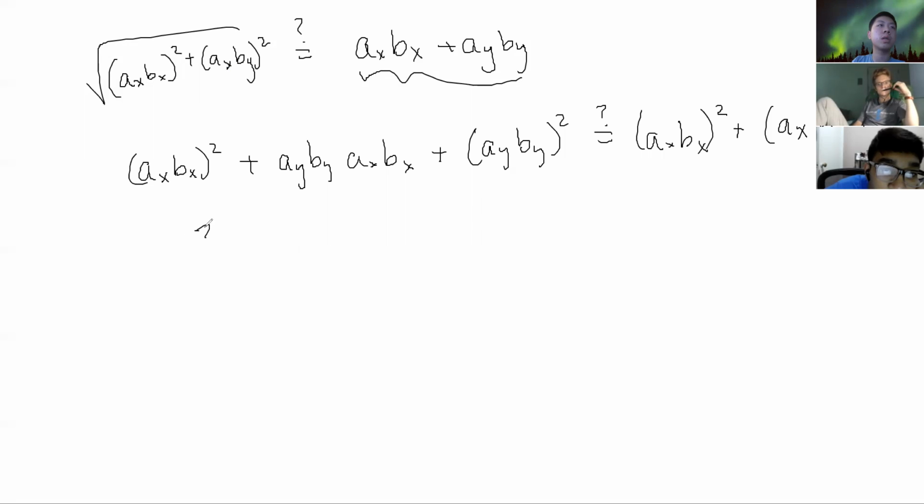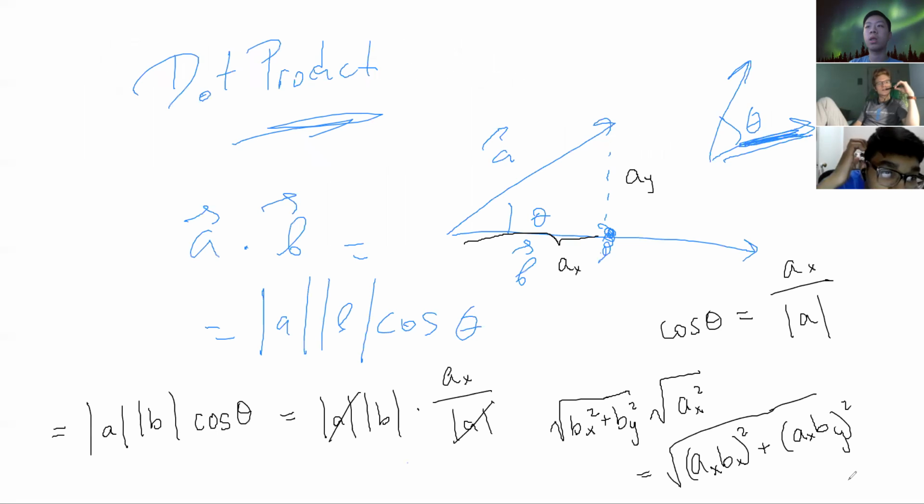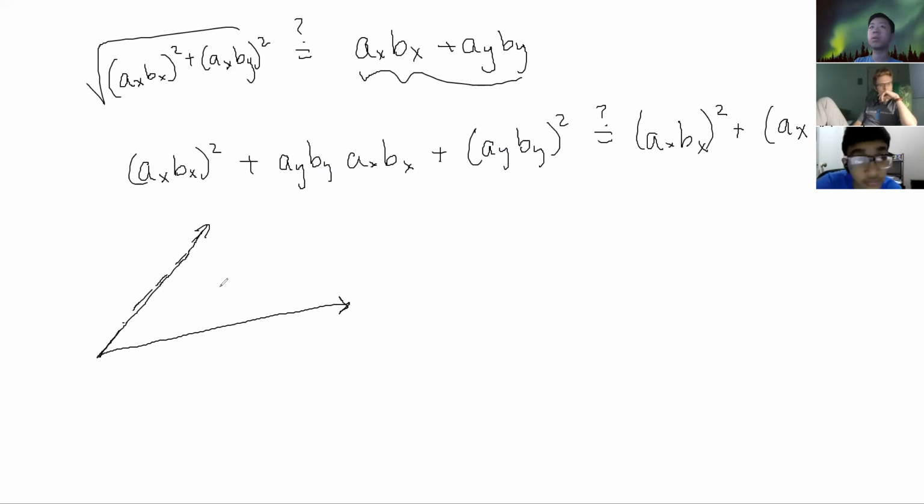Now, let's go back to our drawing. Originally we had the top vector being A and the bottom vector being B. Right. Alvin, I think you might have screwed the pooch. I think it's ax. Yeah, I don't know where you got ay in this.